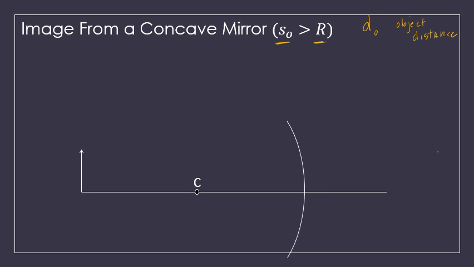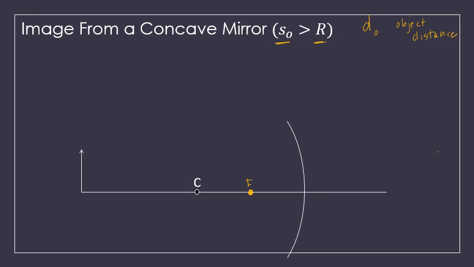So I'm going to mark my focal point. I know where my focal point is because the focal length is half the radius of curvature. So the focal point is going to be halfway between the center of curvature and the point where the principal axis touches the mirror. And so we've got the 3 rays.